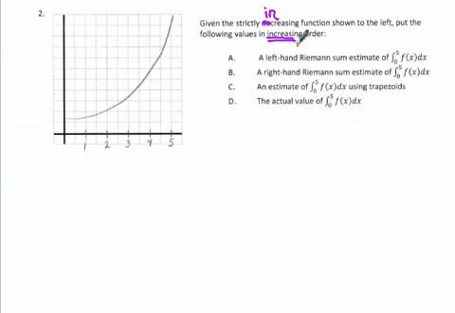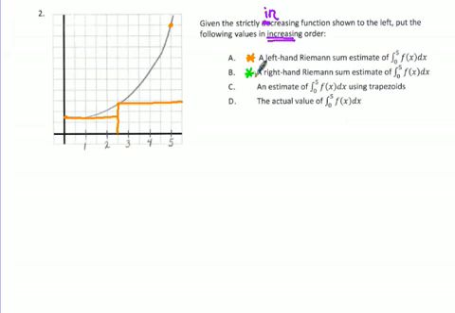So let's consider, first of all, the left-hand Riemann sum. I'll do that in orange, and I'm going to make 2 triangles, dividing this up into 2 from 1 to 2.5, and then from 2.5 to 5. If I make a left-hand Riemann sum, that's going to look like this, and obviously that is below the function.